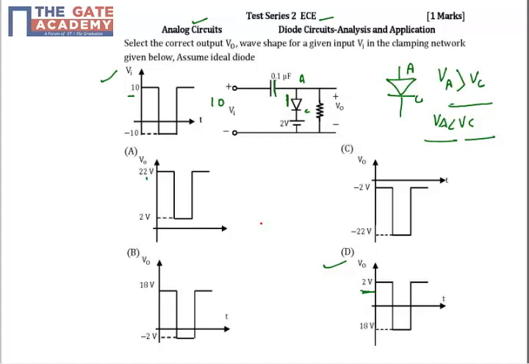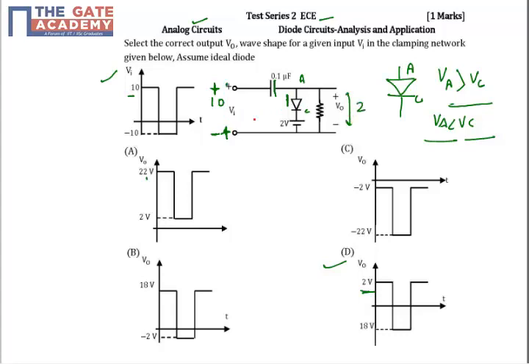But let's see the case of minus 10 volt also, just for the sake of clarity. If we have minus 10 volt as an input, the polarity will be reversed. But before that, let's consider the positive case only, where we know that when we apply positive 10 volt, the output is 2 volt.